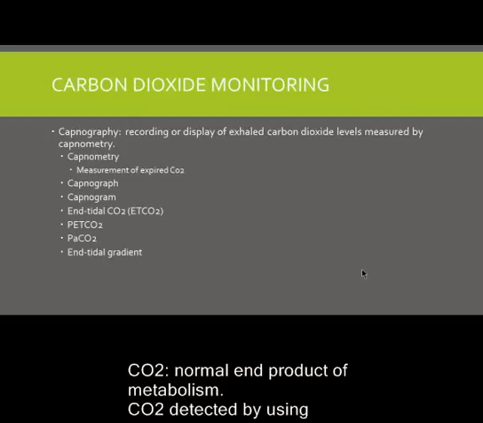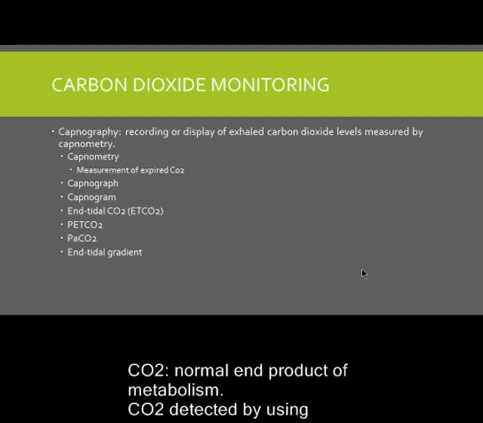Know your terms with your carbon dioxide monitoring. Remember that there is a difference in capnometry and capnography, all right? Now, they're both going to be hand in hand. We're going to be reading both of them, and they're both going to give us the same values, but they're going to be a different view.